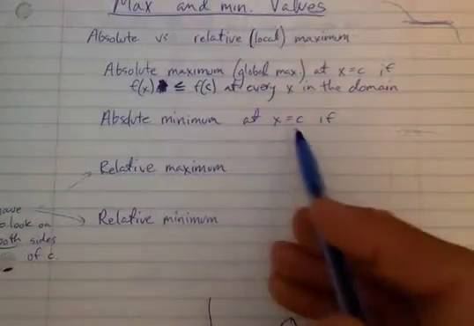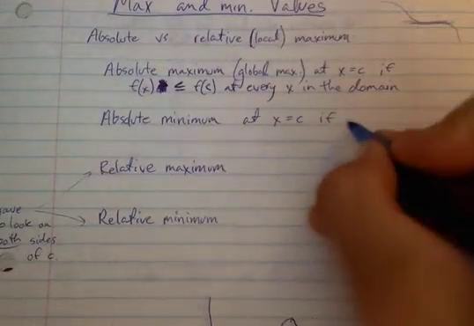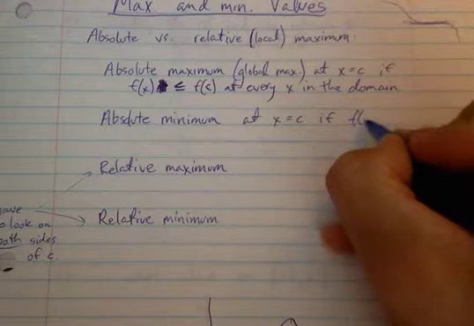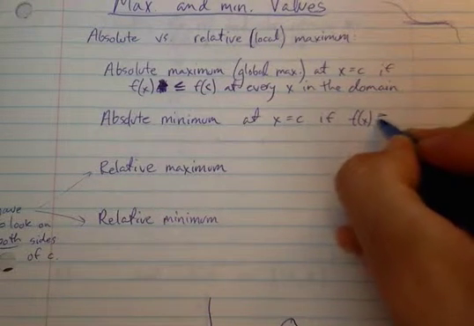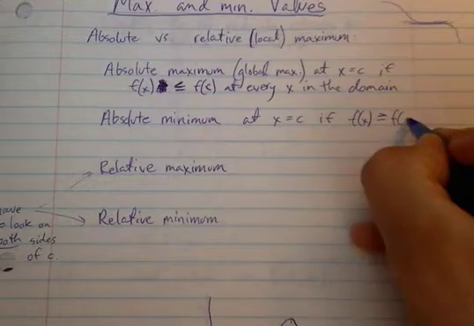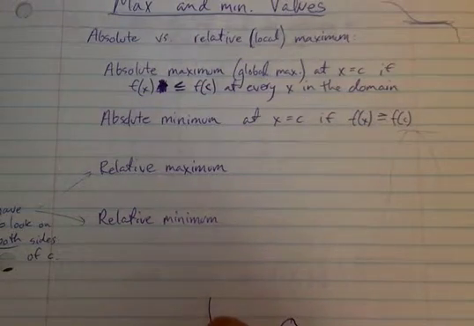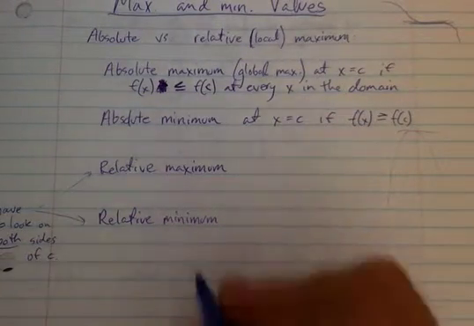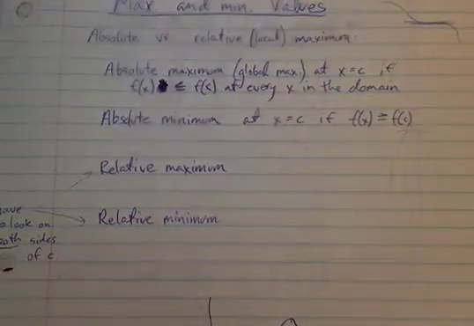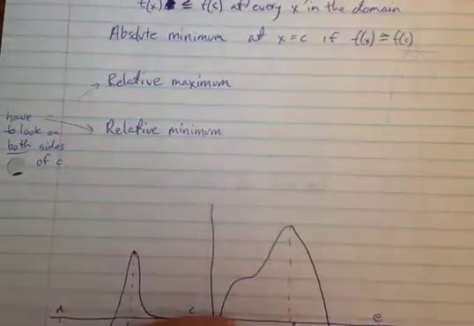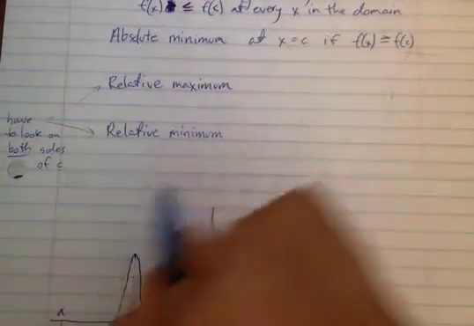Absolute minimum is the same thing. If f of x is greater than or equal to f of c at every x in the domain. Relative maxima is a little more loosely defined, but there's one little caveat.